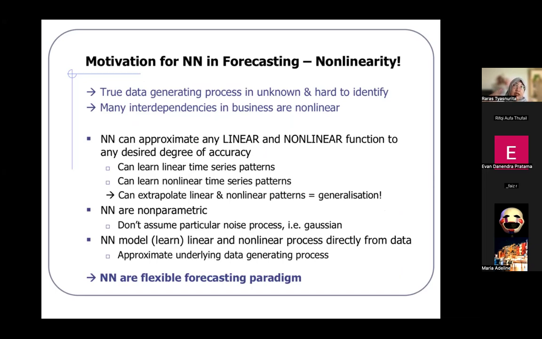You know the linear is the one having a straight line, and the nonlinear includes the exponential, right? That is an exponential pattern of trend or of the seasonal. Neural network is also good on those things.